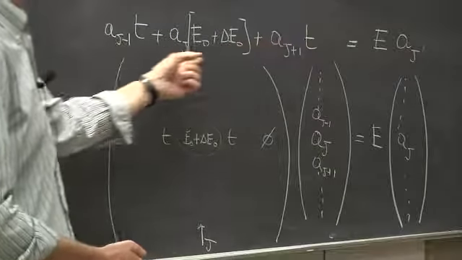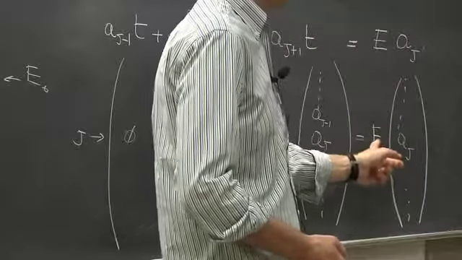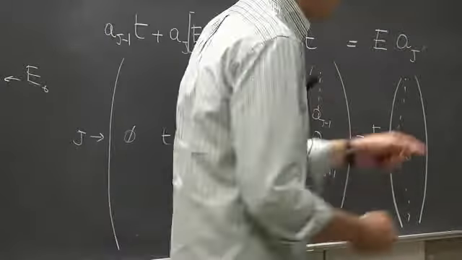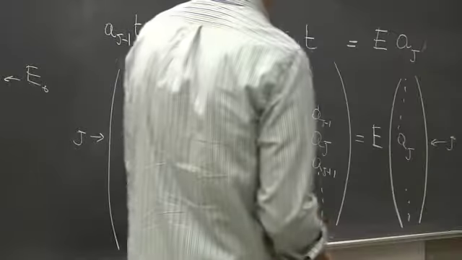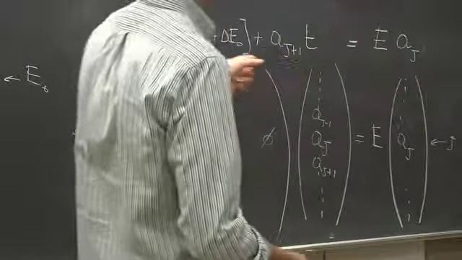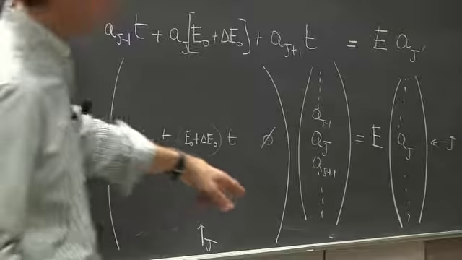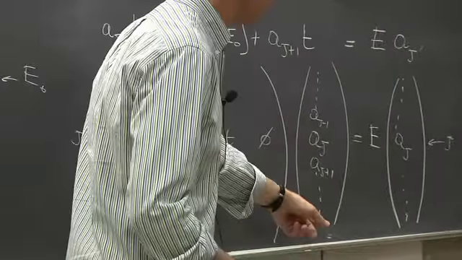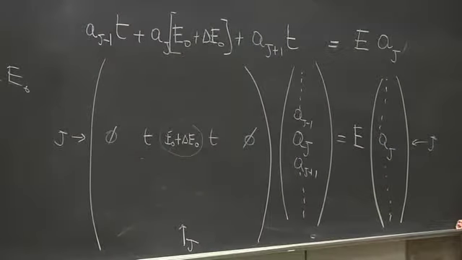This is exactly what I have on the left-hand side. Right-hand side, the j term is E Aj on the j row. So this equation here is just the equation between the j term of the vector. That is the product of this times this equal the E times Aj term.